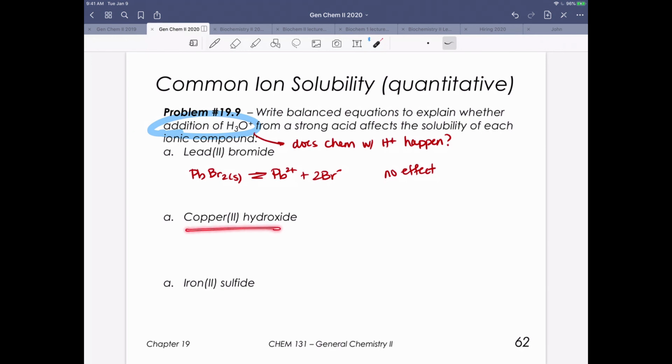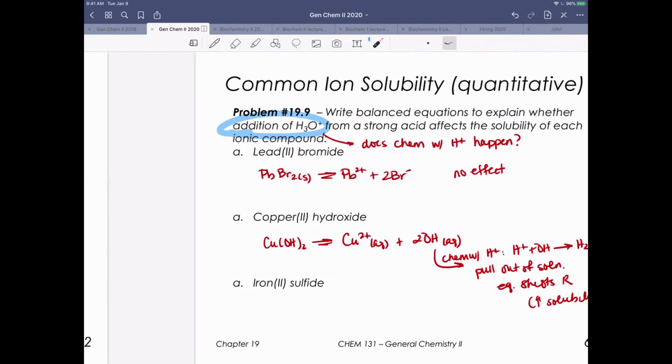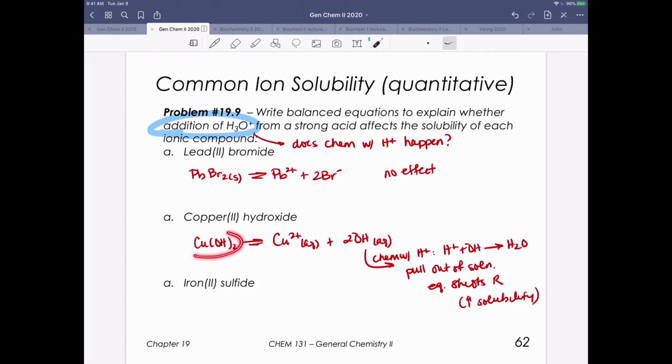Okay, try the next problem, copper 2 hydroxide. If we're going to be adding H+, are we going to have any additional chemistry that pulls this equilibrium forward? So copper hydroxide would dissociate into copper ions and hydroxide ions.